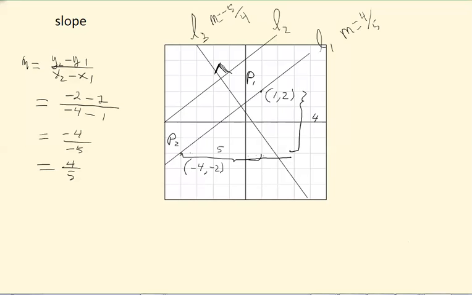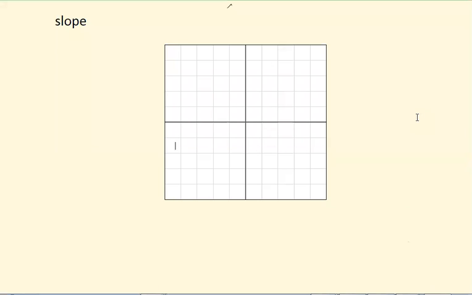Now, if you're given two equations, let's see what that looks like. Let's say you have two equations in this form. Let's say here's one, and here's another one.